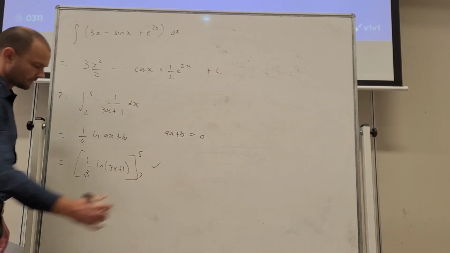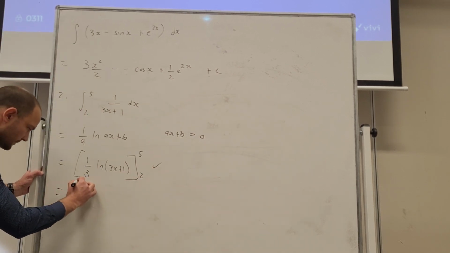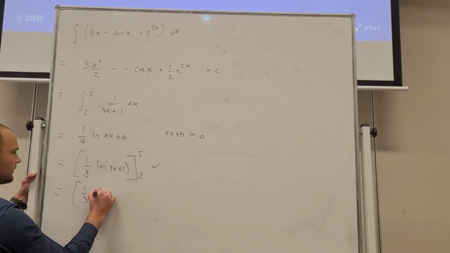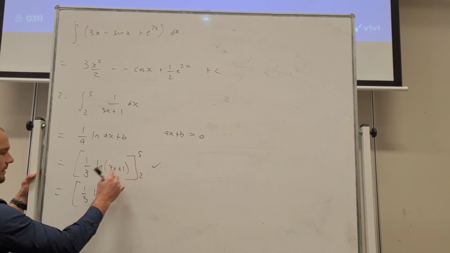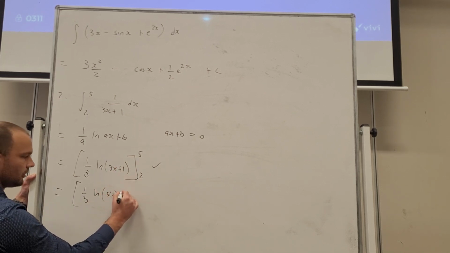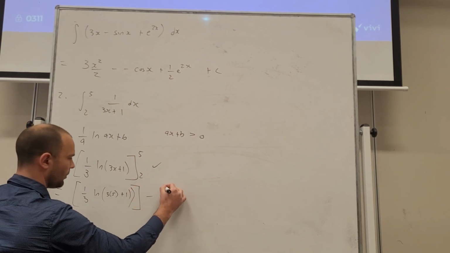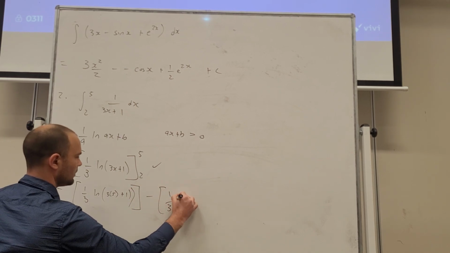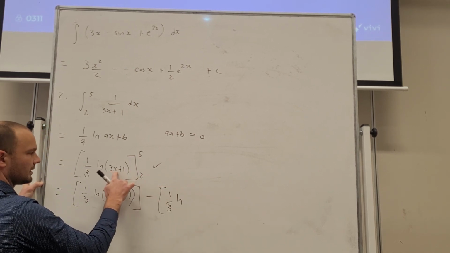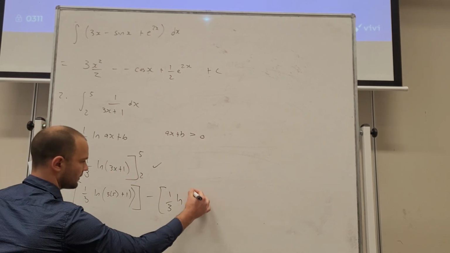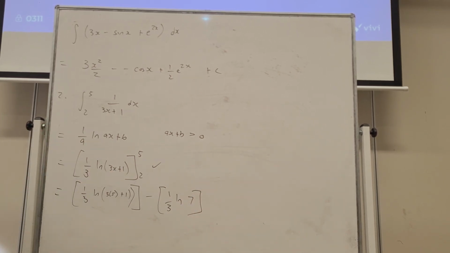Here's step 1. Step 2 is with the substitution. So when I'm putting 5 in here, we can write it the long way, or we can just evaluate it straight away. If I put 2 in here, I'm going to have 3 times 2 is 6, plus 1 is 7. I have to take a third ln 7.